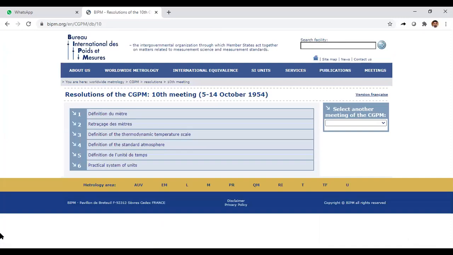What are the resolutions of the 10th CGPM? Bureau International des Poids et Mesures, resolutions of the CGPM 10th meeting. It was conducted from 5th to 14th October 1954.